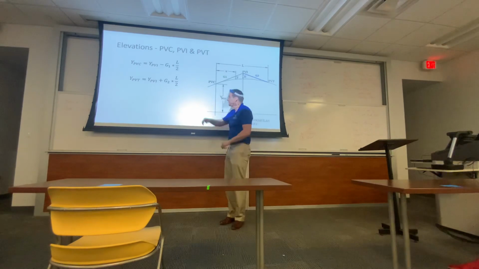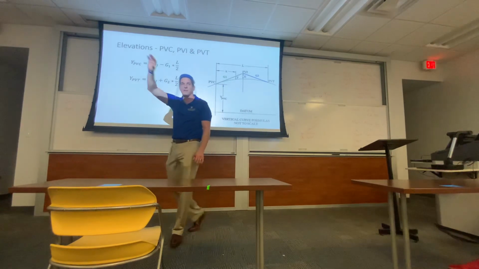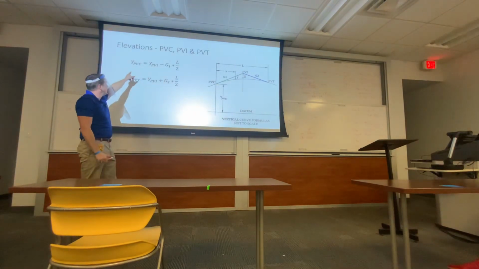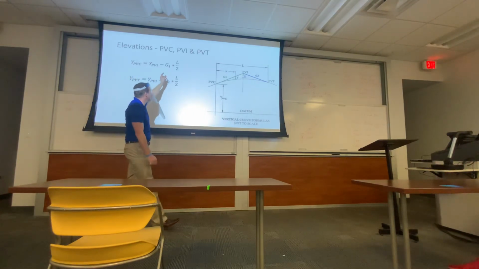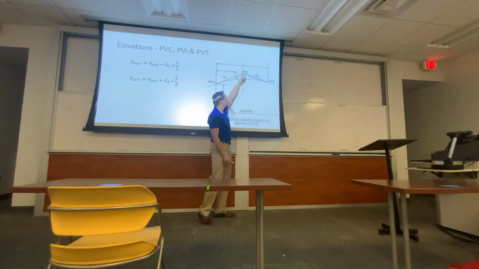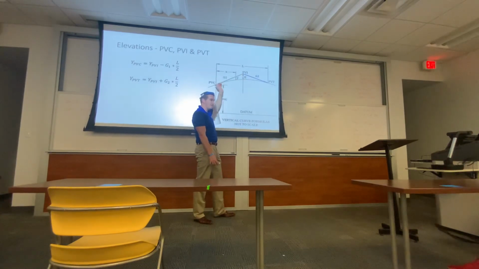Next, let's talk about the elevations. So now we got the stations, we're gonna talk about elevations next. The elevation of PVC equals the elevation of PVI minus G1 L over 2. That just means we're taking this elevation and we're going backwards along the grade half the distance.